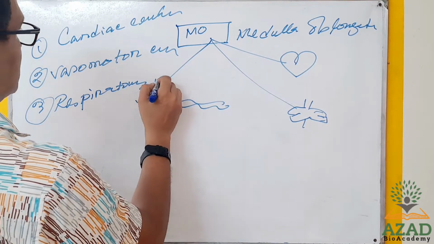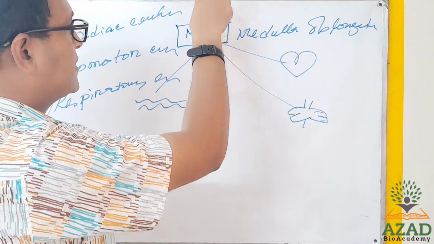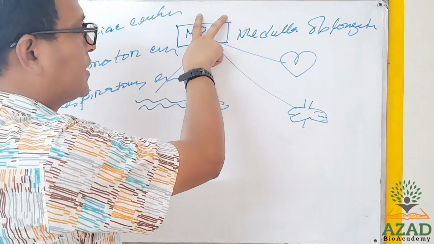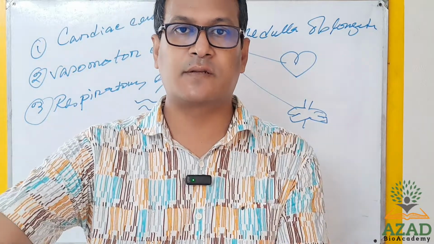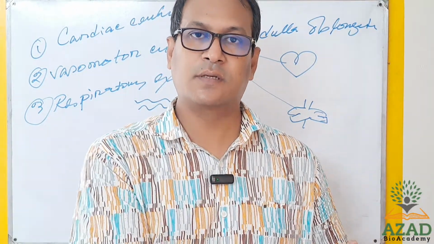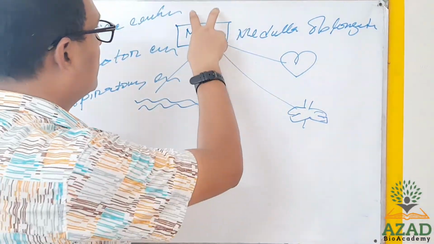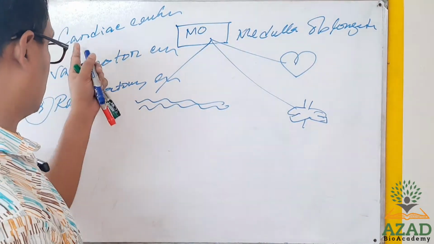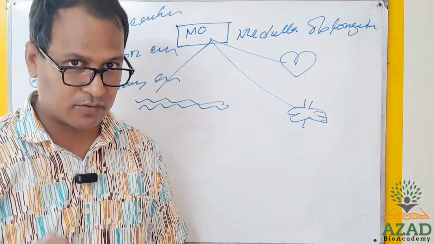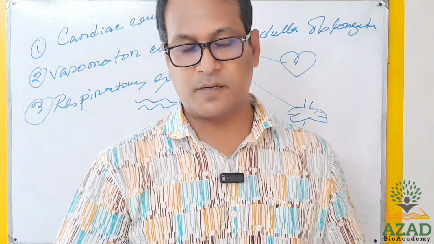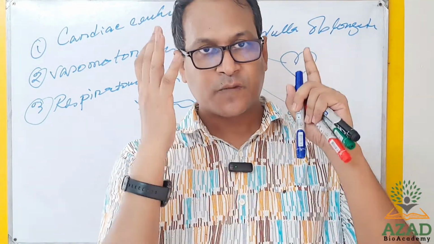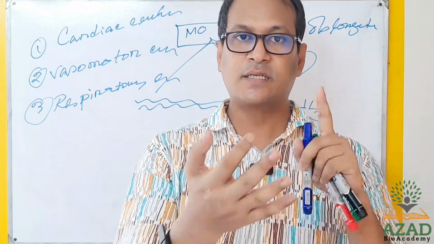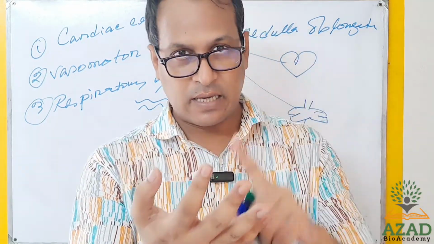Respiratory center. The medulla oblongata, the center point, will regulate or control your heart function, blood vessel function, and respiratory function. Another name you can say is the cardiac center, a particular area of the medulla oblongata: the nucleus tractus solitarius and the nucleus ambiguus.